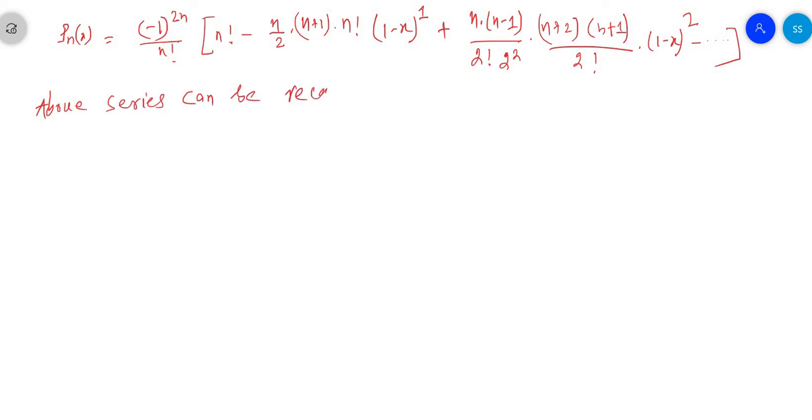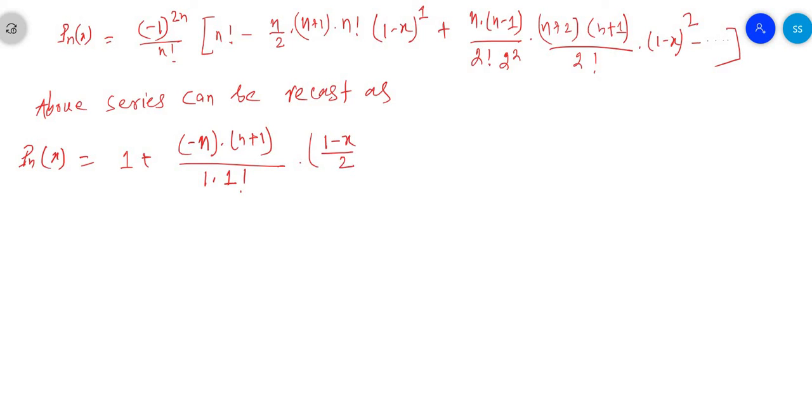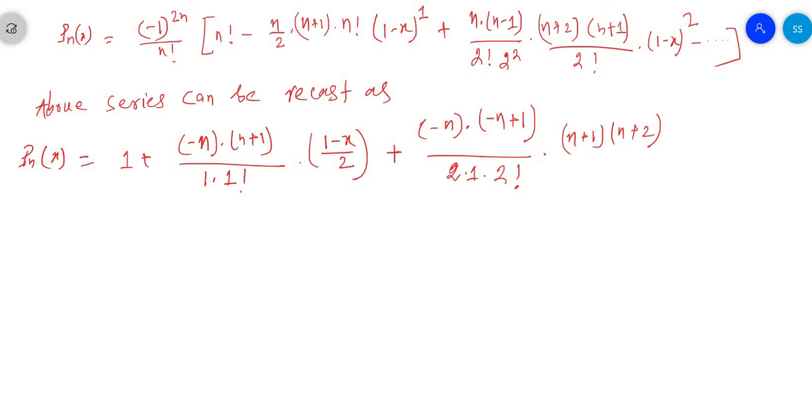The above series can be recast as P_n(x) is equal to 1 plus (-n)(n+1) over 1 into 1 factorial into (1 minus x)/2 plus (-n)(-n+1) over 2 into 1 into 2 factorial, (n+1)(n+2) into ((1 minus x)/2)^2 minus dot dot dot up to infinity.